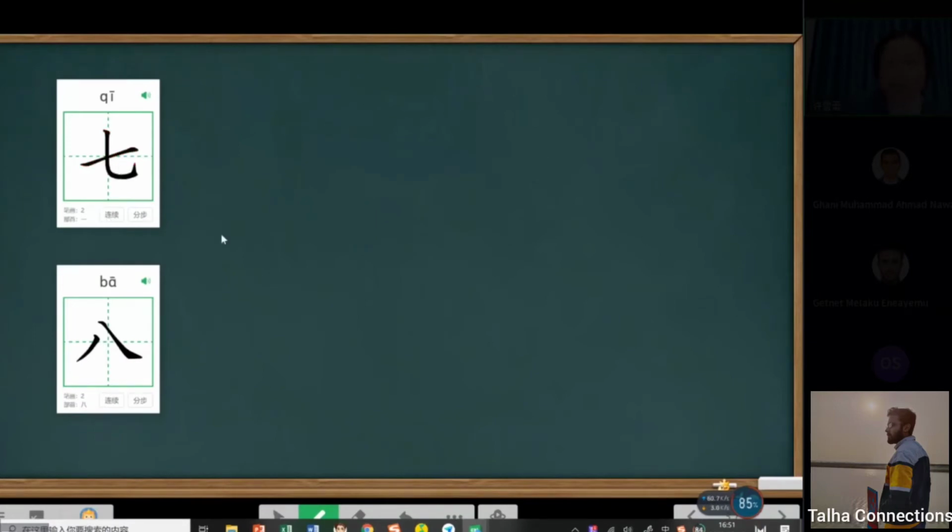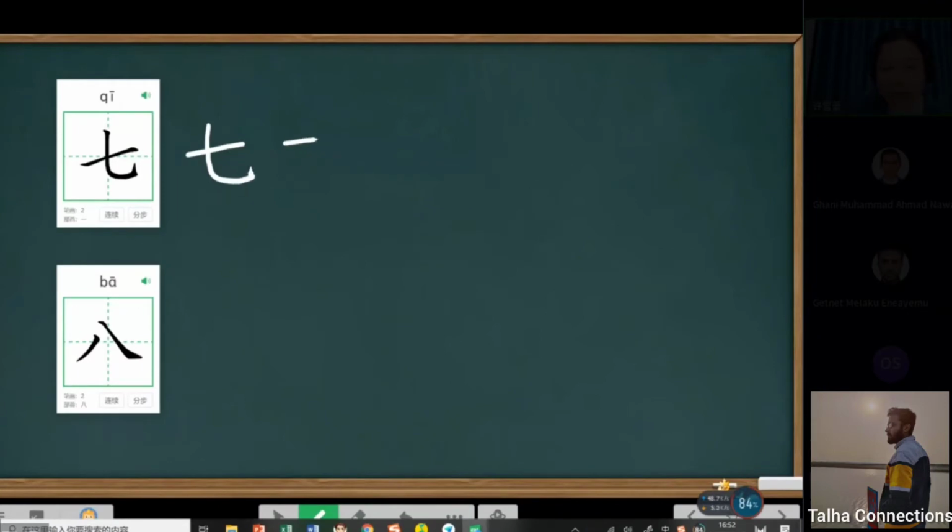Okay, now let's do it. A horizontal stroke, a little bit going upward, but it's fine if you write it horizontally. Pay attention to the next stroke. There must be a curve and a hook.